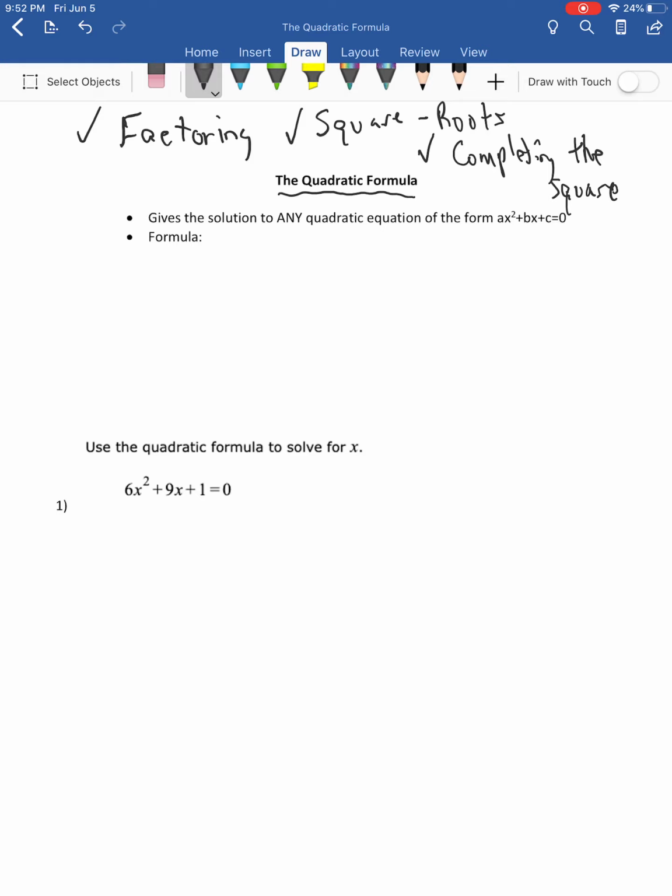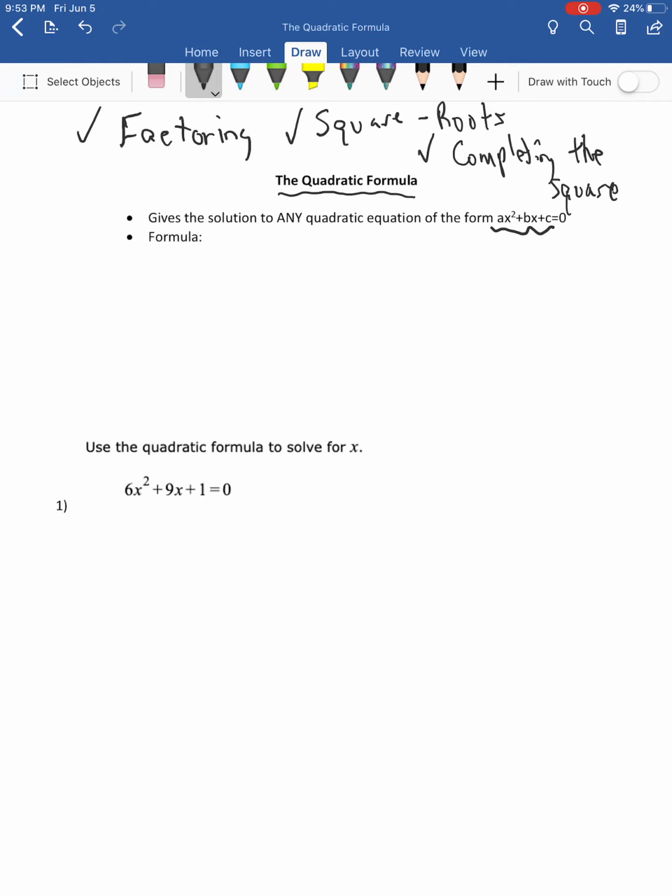Okay, so to use the quadratic formula, you have to be in the form ax squared plus bx plus c equals 0. Key thing: the right side needs to be set equal to 0, and we've seen that before.